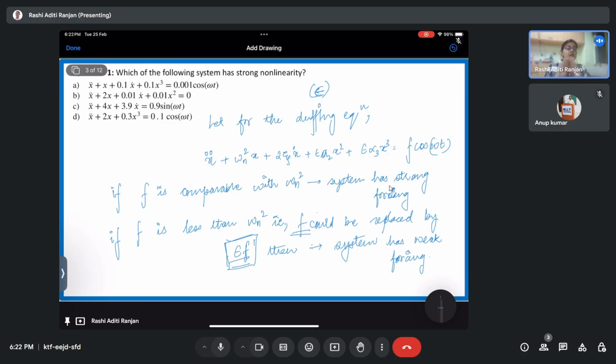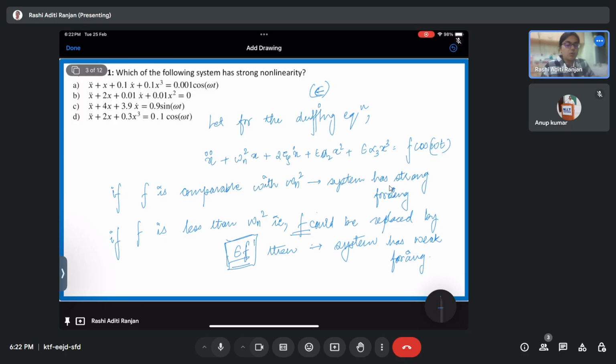That is not the correct way of comparing. So strong nonlinearity and weak nonlinearity is a highly relative term. It should be used only for relating 3-4 equations of a similar type, right? You cannot compare two very different equations and give a conclusion that any of the two systems is strongly nonlinear or weakly nonlinear. Okay, this should always be kept in mind.